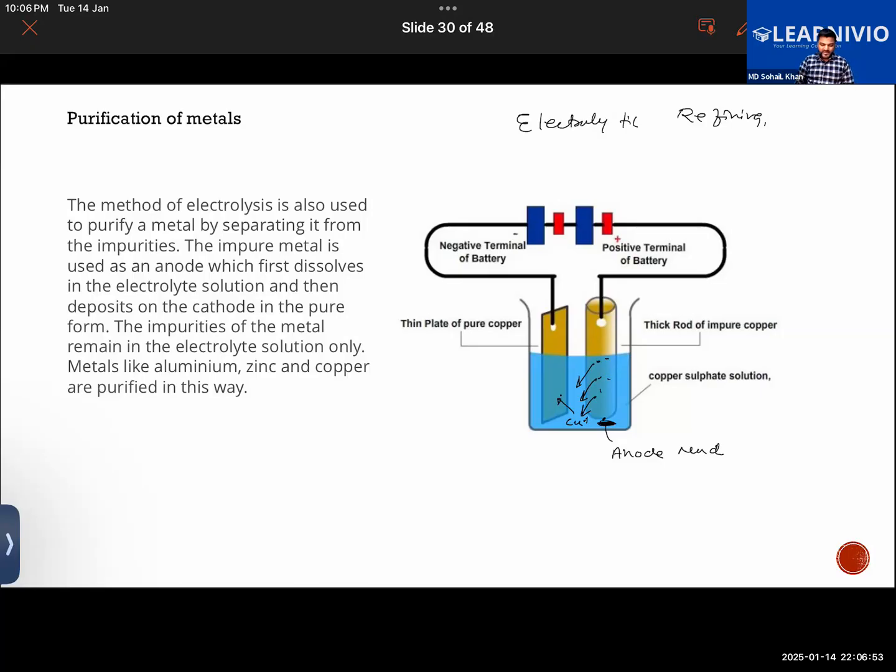And it basically settles down just beneath the impure copper rod as anode mud.